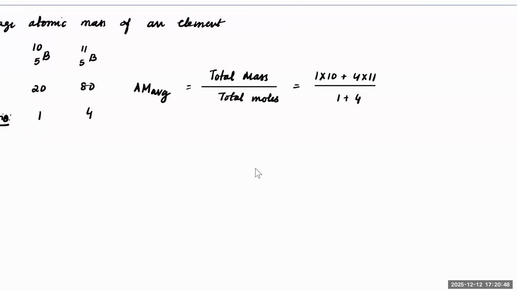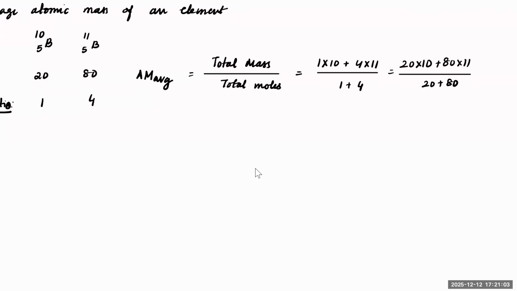If the percentage is given, you can do the same thing: 20 into 10 plus 80 into 11 divided by 20 plus 80, isn't it? That is one and the same. So it is going to come out as 54 by 5, which is 10.8 AMU.